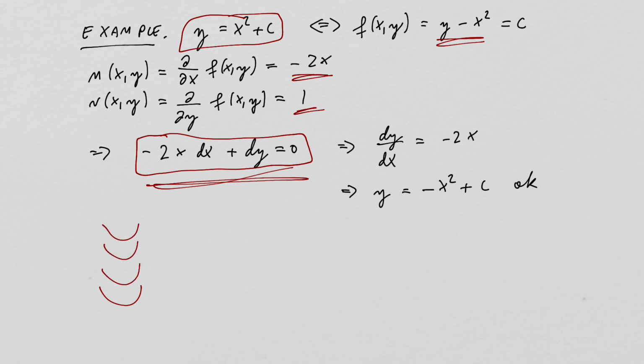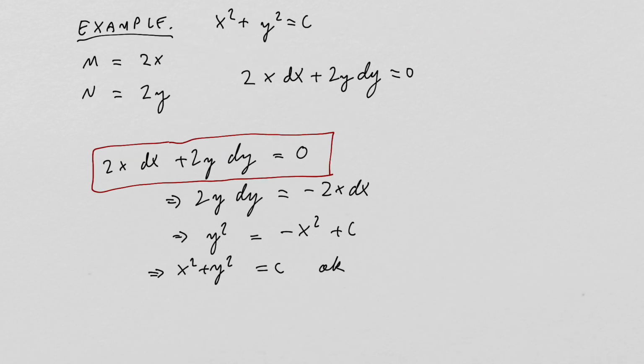Now this equation seems to be separable, so we can solve the equation nicely. If we would take our circle and form the corresponding equation, then again this equation would be separable and we would find the circles from here.